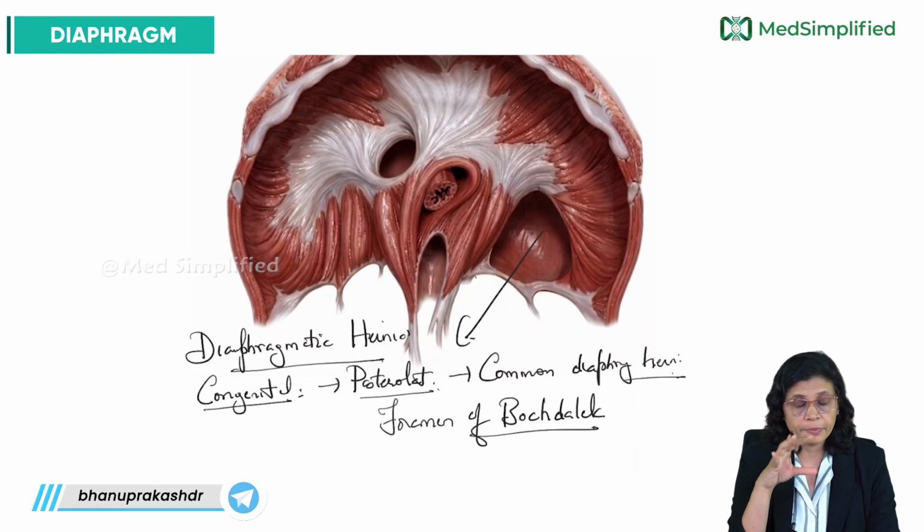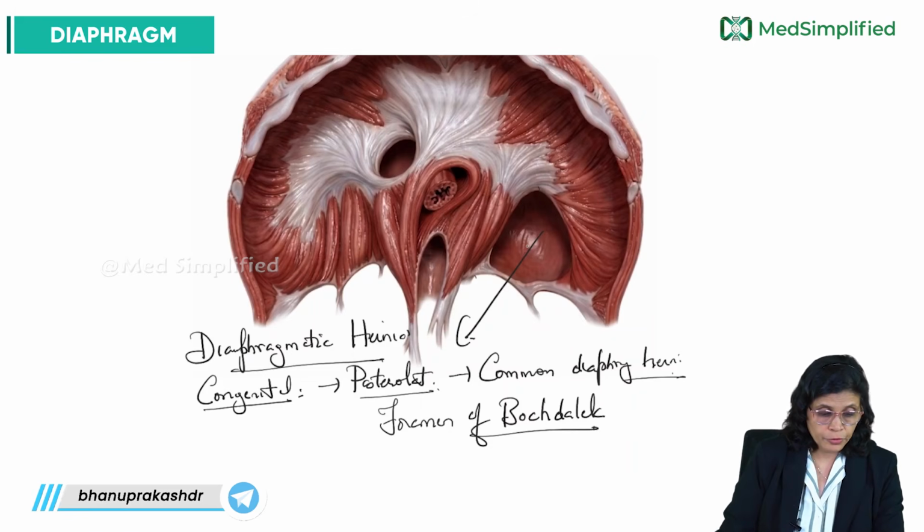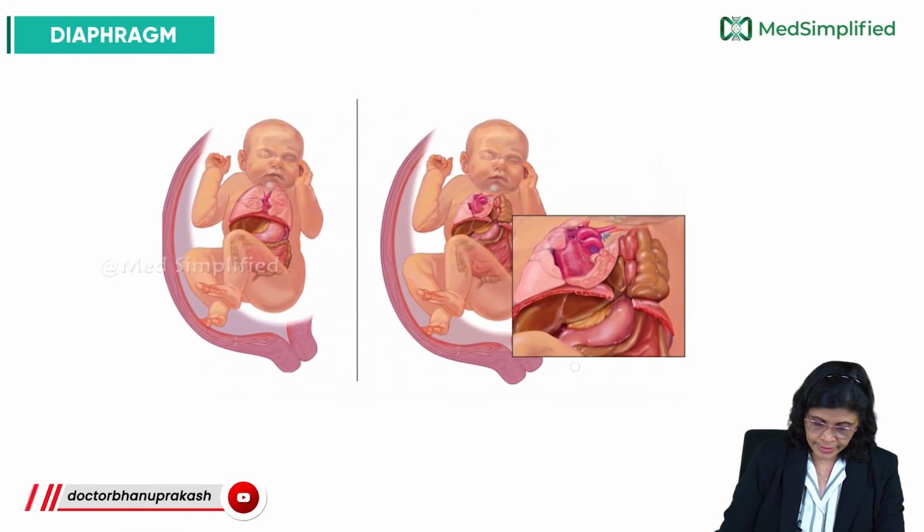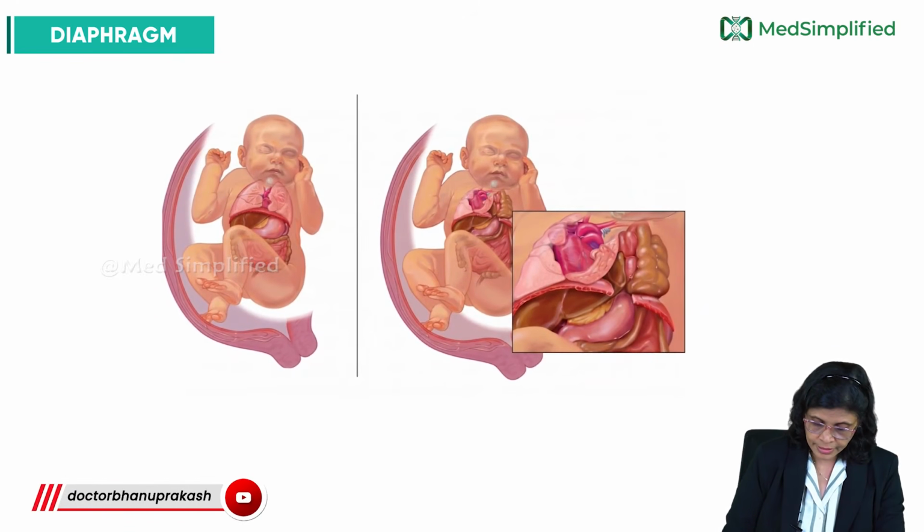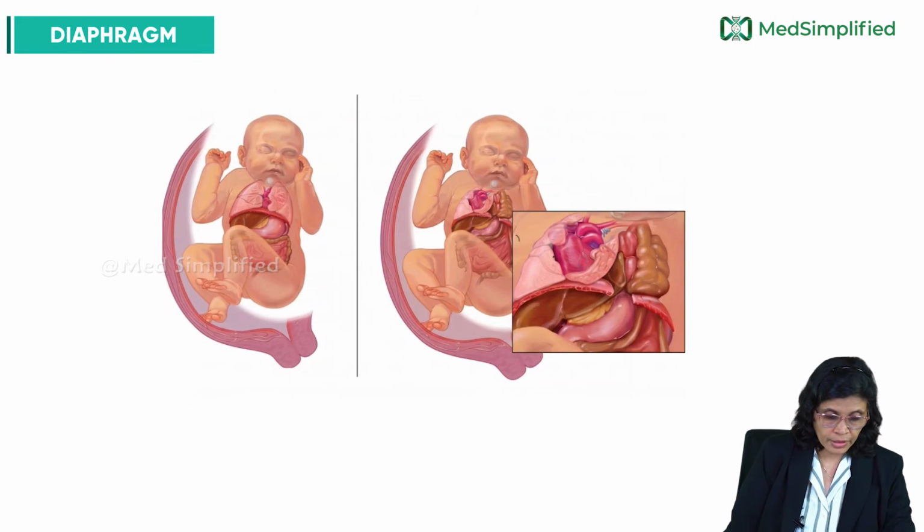During development this gap remains due to failure of the closure of the pleuroperitoneal canal. Usually this is common on the left side. So here we can see the herniation which has occurred into the thoracic cavity, causing compression of the heart and the lung. This we call the posterolateral hernia.